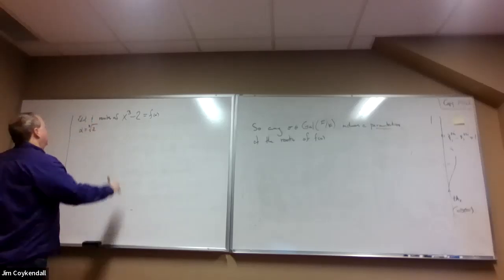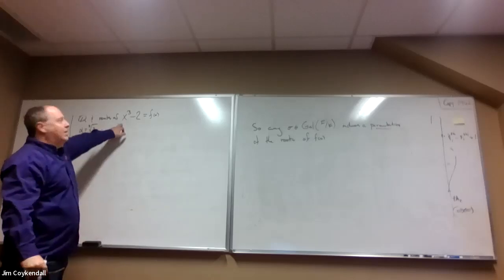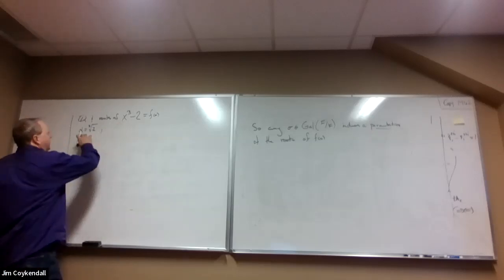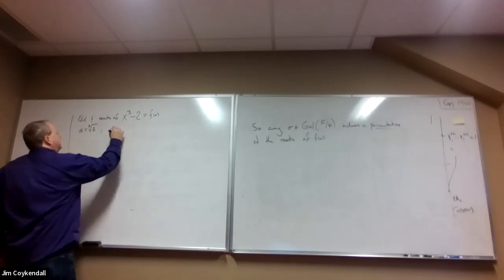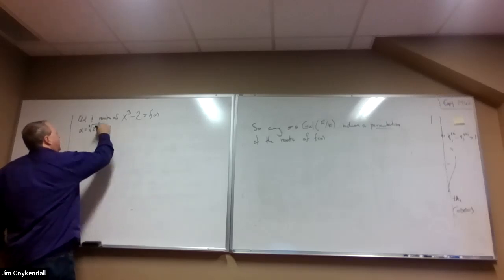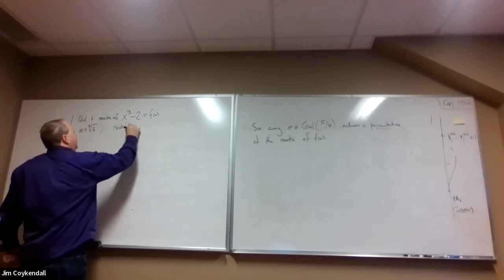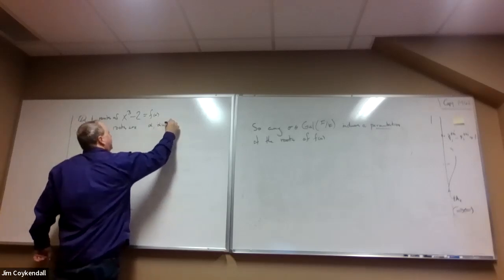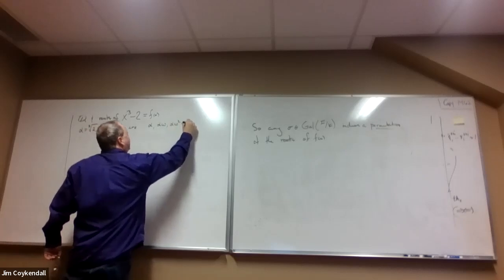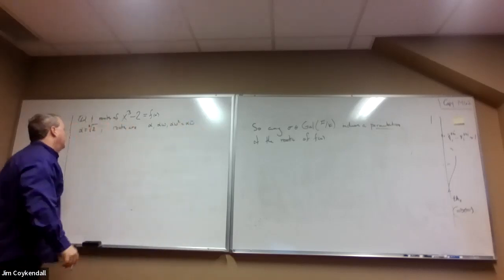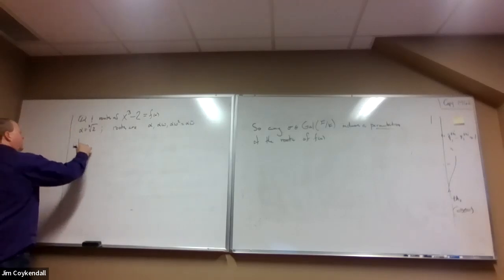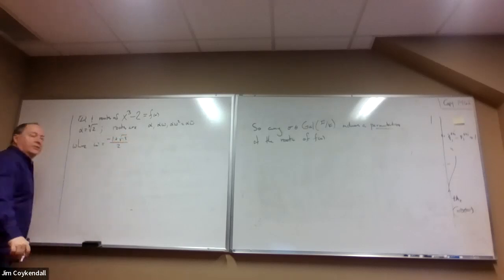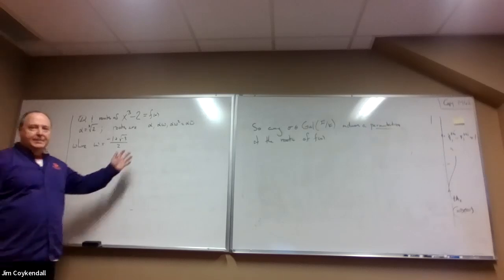I am also going to include the conjugate roots of this polynomial. The roots are alpha, alpha omega, and alpha omega squared, where omega is a third root of unity.